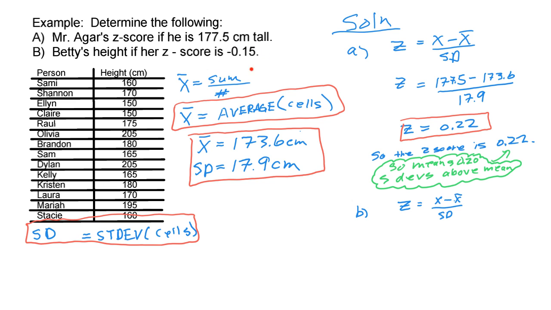Our Z-score is negative 0.15, below the mean. We don't know what Betty's height is, but we do know the mean and the standard deviation. So the only thing that isn't filled in is the letter X. So we fill in everything else and now we solve for X.